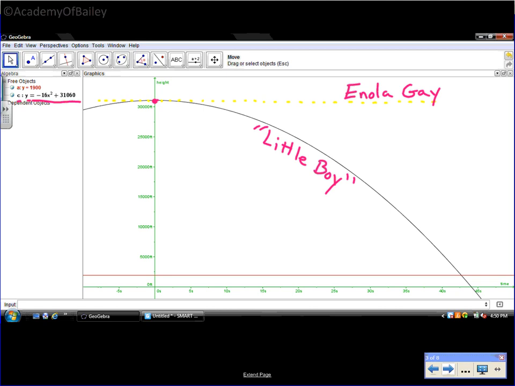What the military had to figure out is, if they were to drop this bomb at 31,060 feet, how long would it take the path of the bomb to get to 1900 feet where they could detonate it? That's the question.